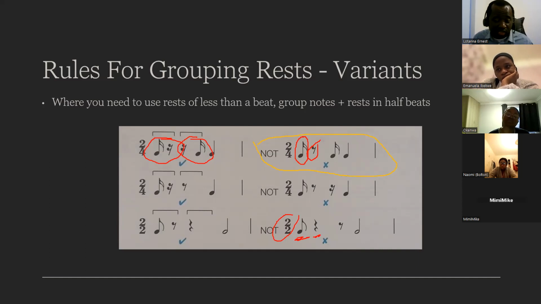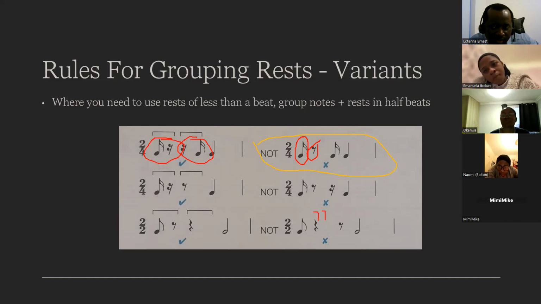Now, look at this. This is tricky. You have to look at it very well. Now, what will you do here naturally? Naturally, you just break this into quavers, am I right? So that this one we can have this. But if you do it like that, you're now left with 2 quavers again.